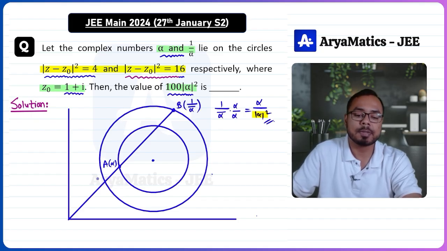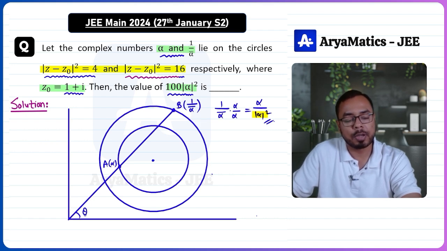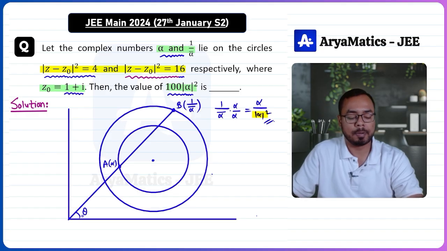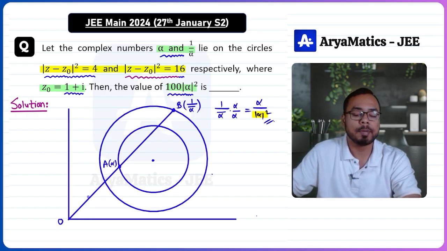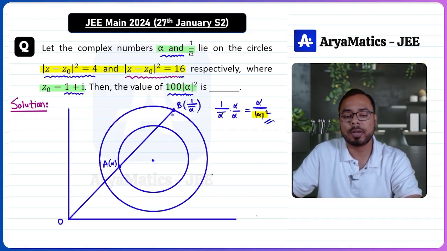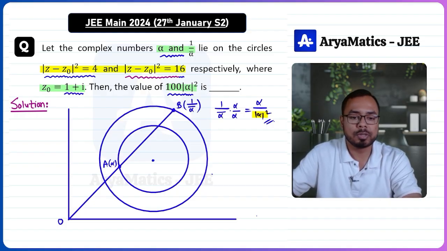And because these two have same argument, they will lie on the same straight line. Let us say argument of each one of those two is theta. So this point O, A, and B, these three will be collinear on a same straight line. And now using simple geometry in one or two lines, you can get the answer for this problem.